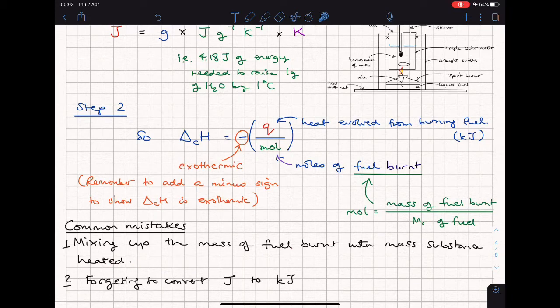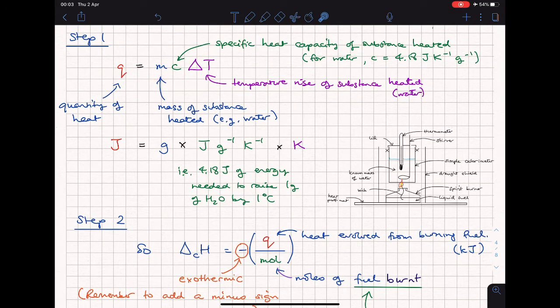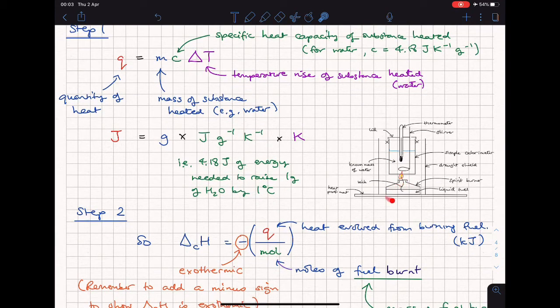The mass of the fuel burnt is used at the end, in the second step of the calculation, whereas the mass of the thing that's been heated, which is usually water, is used in Q equals mc delta T. So this mass here is the mass of the substance being heated, and the mass of the fuel being burnt is used to work out the moles of the fuel to give us the quantity of heat per mole. Sometimes people use the mass of the fuel being burnt in this equation by mistake, and that's a very, very common mistake. So make sure you don't mix those two up.